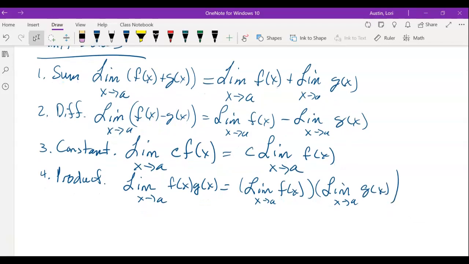So as you go through some of your homework problems, they just might present a limit in such a way where it would be easier for you to solve it if you apply one of these rules, okay?